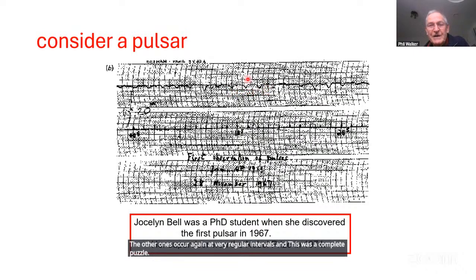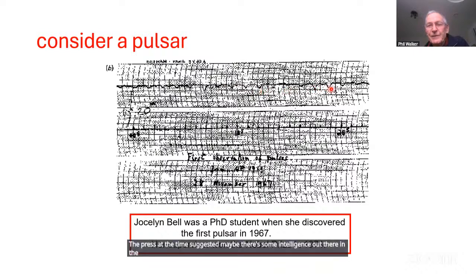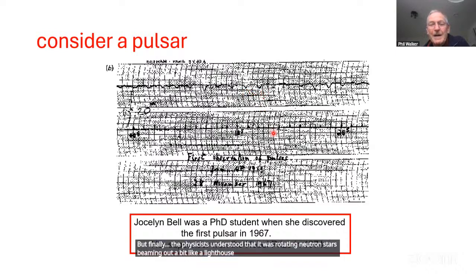The press at the time suggested maybe there's some intelligence out there in the universe with a highly reproducible pattern of emissions. But finally, the physicists understood that it was rotating neutron stars beaming out a bit like a lighthouse. And that changed a lot the view of matter out in the universe.